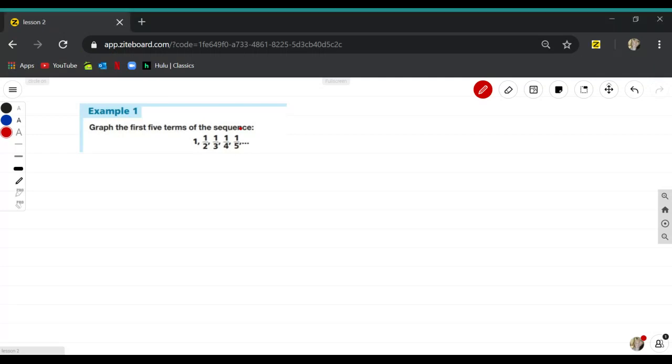Okay, so the first example says graph the first 5 terms of the sequence, and the sequence is 1 over n. So I'll go ahead and write this as I'm speaking. I'm going to make a chart, so this is going to be our number of term, which is our n, right?